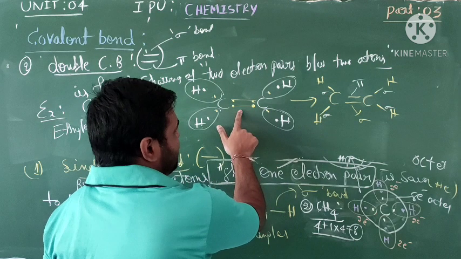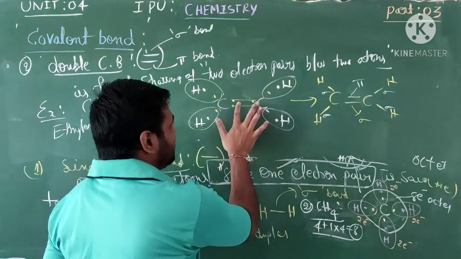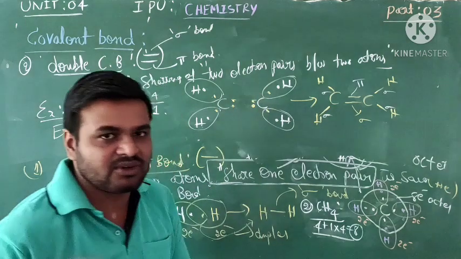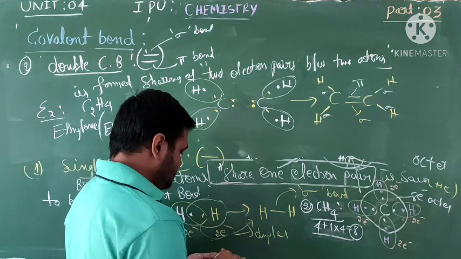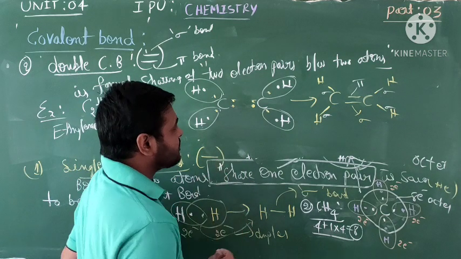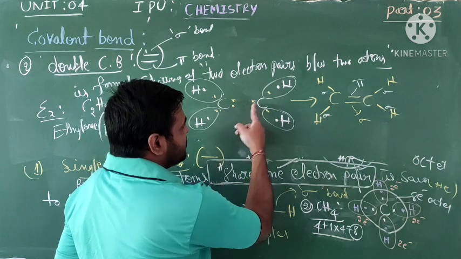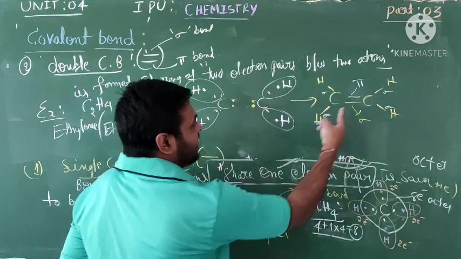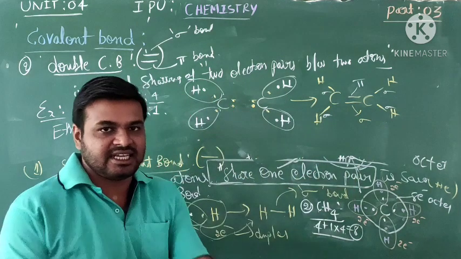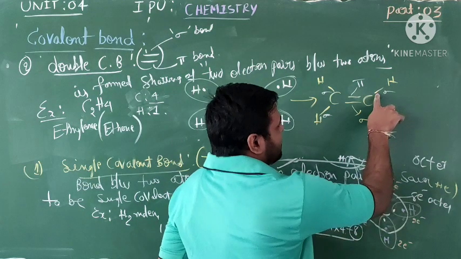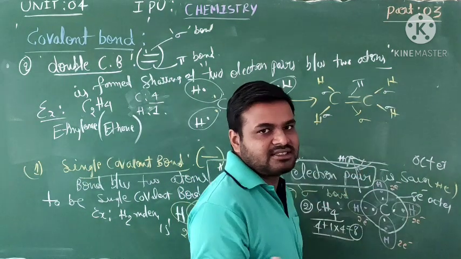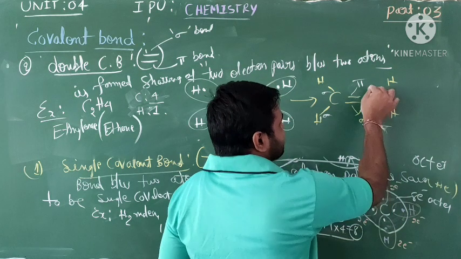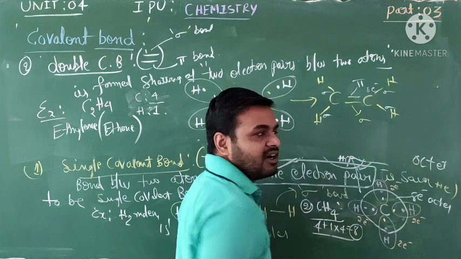This is not actually a Lewis dot structure. You do not represent the bonds like this; only the dot representation is used. So just observe here the carbon: 1, 2, 3, 4, 5, 6, 7, 8. All are joined by sharing of electrons. See here, one bond means 2 electrons. The carbon has 8 electrons present.